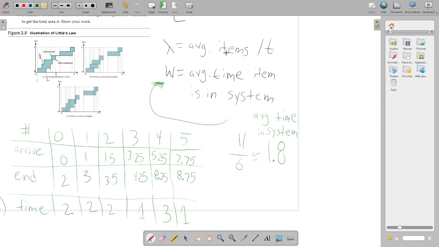And then we want to figure out the average amount of items coming into the system at a given time. We should be able to just calculate that straight up, because there's 7.75 seconds, and it gets 6 items over that time. Correct me if I'm wrong, but that should be fine for this. Now that one's a little bit less obvious.